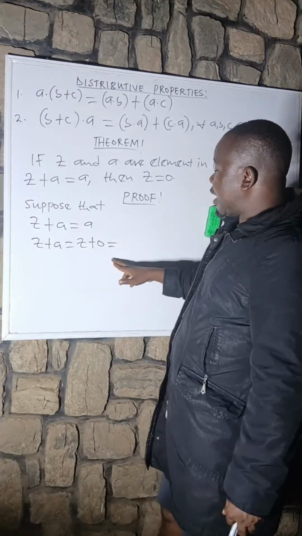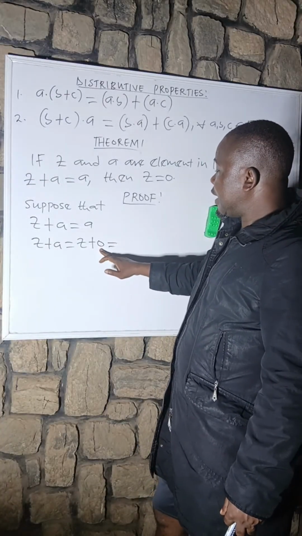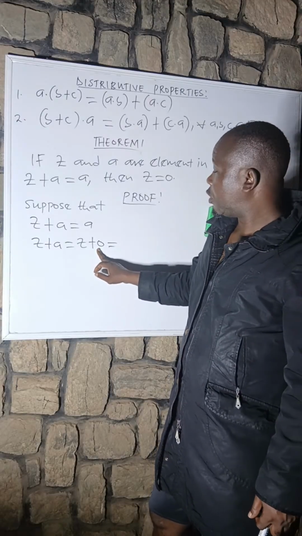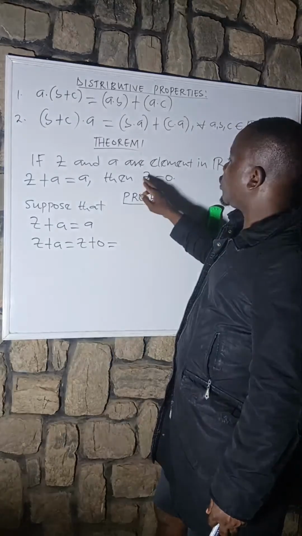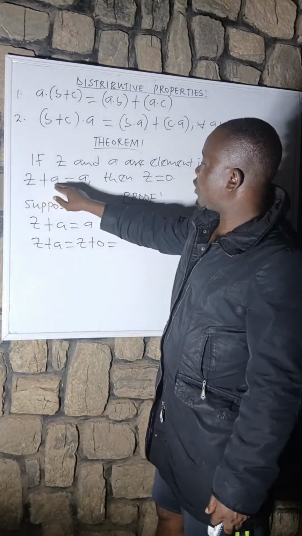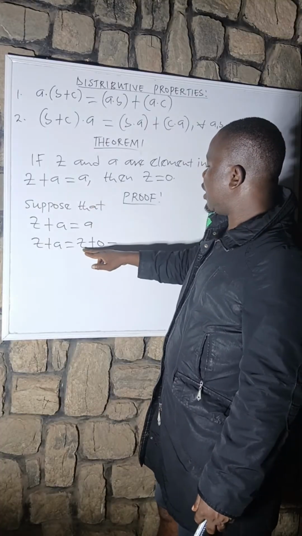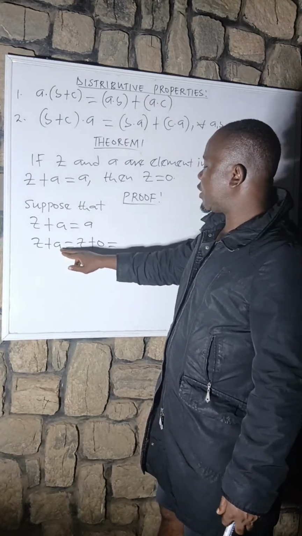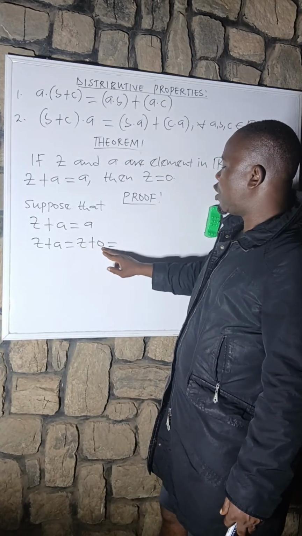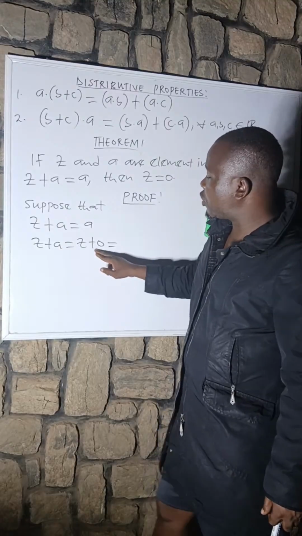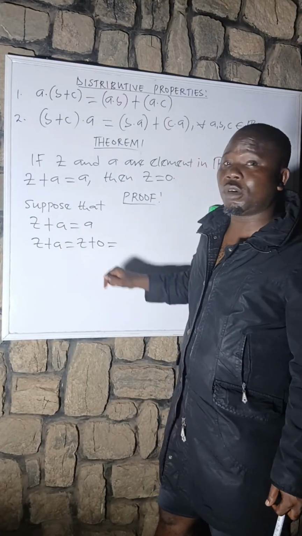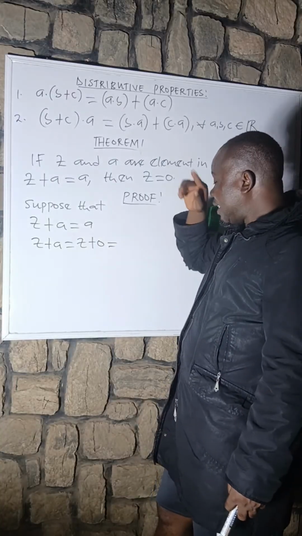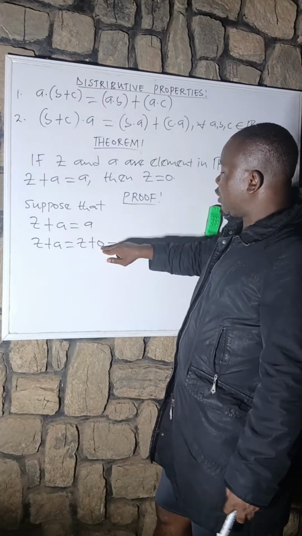You can now see that the existence of the zero element has come in. True or false? Because we want to show that Z plus A is equal to A. So if Z plus A equals Z plus 0, it means we have introduced the existence of the zero law.